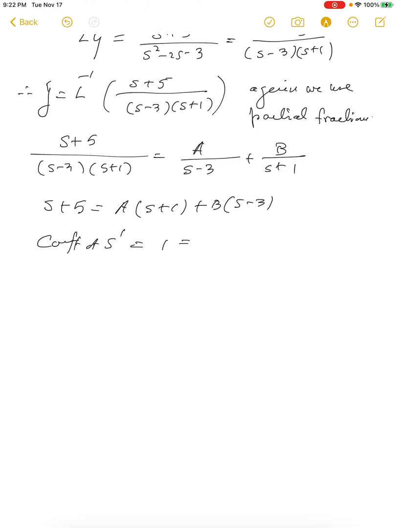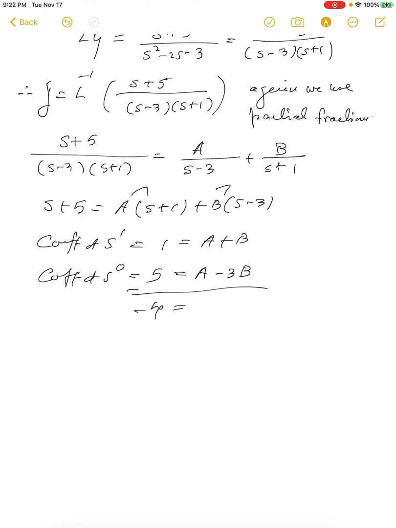On the left side it's 1, on the right side it is a plus b. And the coefficient of s to the 0 on the left side is 5, on the right side is a minus 3b. So if I subtract, I will kill a and I will get b minus 3b, which is 4b... so b equals minus 1, so a must be 2, because a plus b is 1.